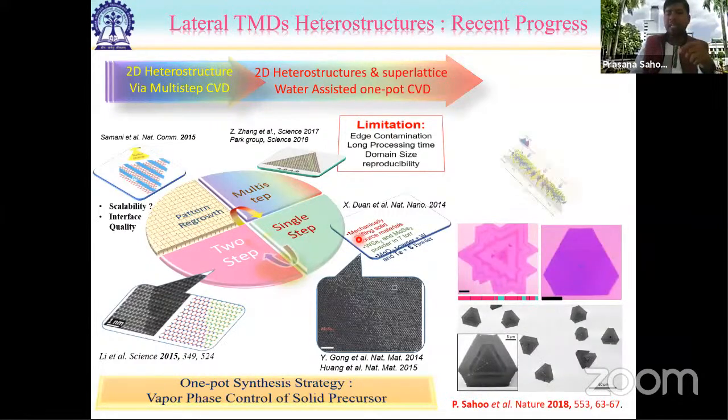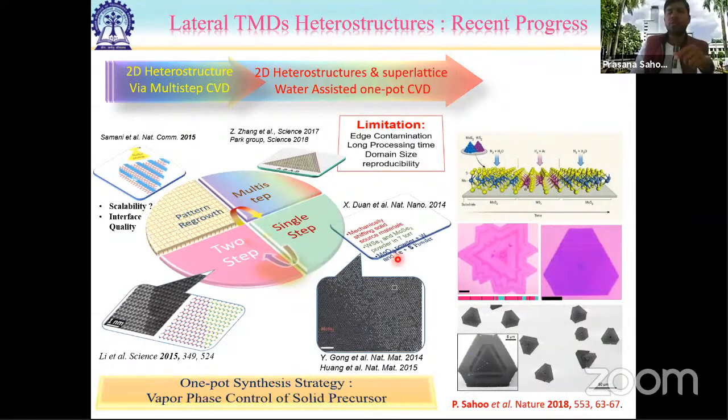In this field, there are several drawbacks, like how you can control growth in the lateral direction. This is where my greatest contribution in this field lies, where we found a simple method using water and hydrogen. Water behaves like an oxidizing agent, and hydrogen behaves like a reducing agent.